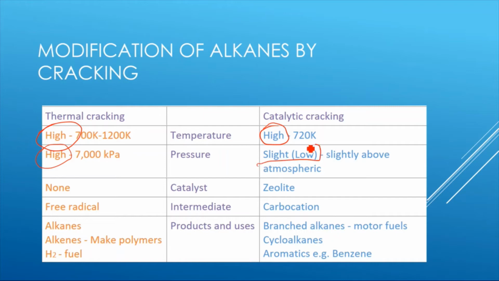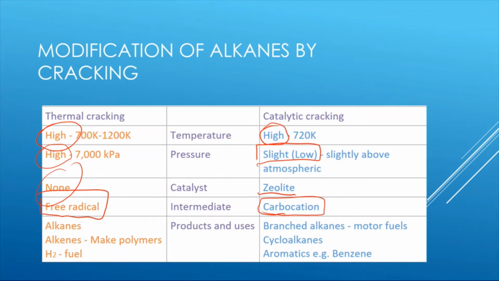You can say slight or you can say low. In thermal cracking there is no catalyst, but there is a zeolite catalyst used in catalytic cracking. And for intermediates, thermal cracking has a free radical intermediate. We will come on to that after. And catalytic cracking has a carbocation intermediate.